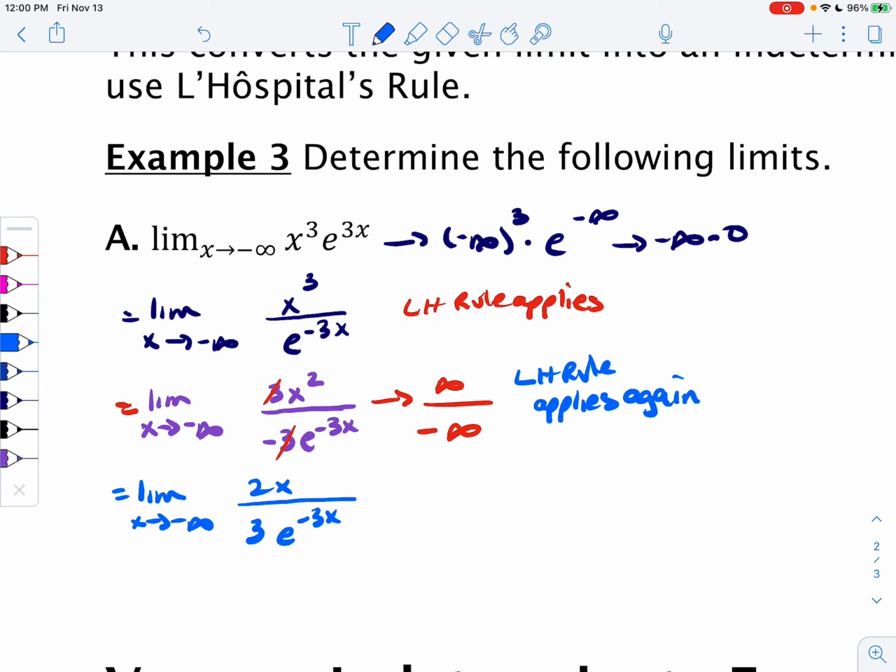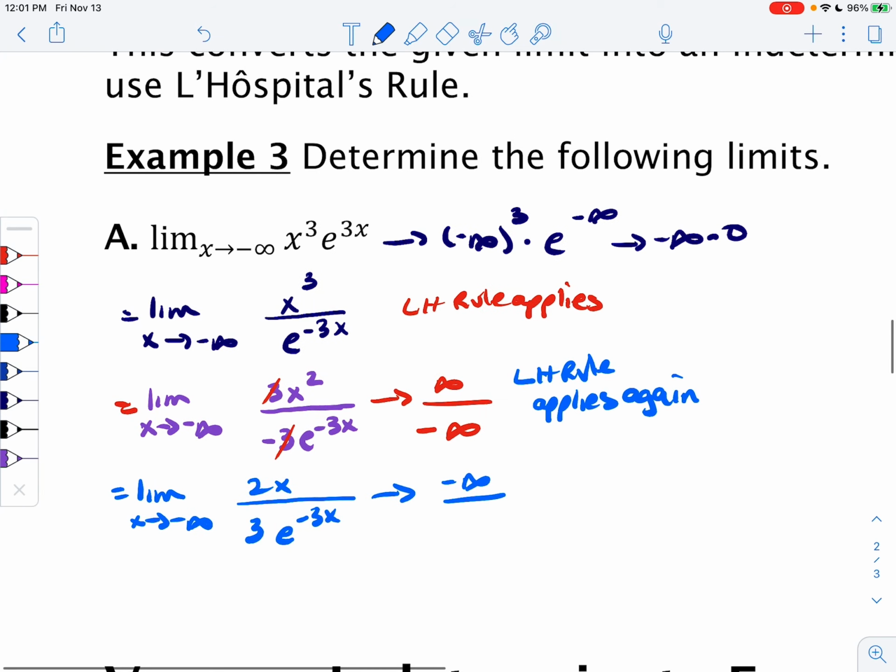And applying my limit, I'm going to 2 times negative infinity, which is negative infinity, over 3 times negative 3 times negative infinity is positive infinity, and e to the positive infinity is infinity, and so we still end up with infinity over infinity. Dang, we have L'Hopital's rule again.